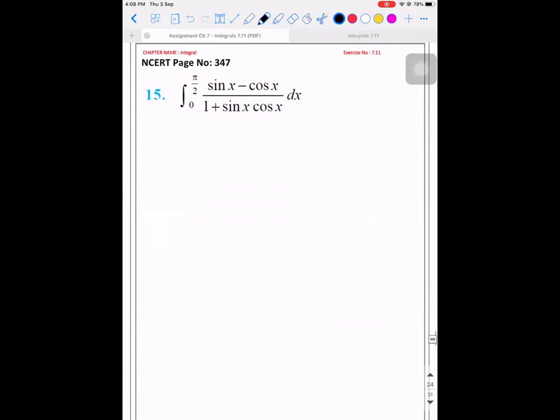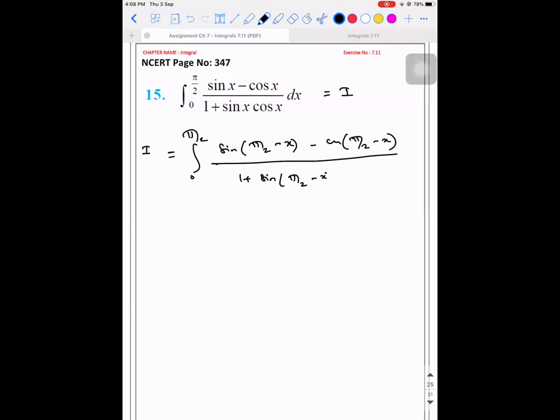So 15th, I hope you guys did it. So if I'm not wrong, answer for that is also 0. Did you guys get it as 0? So I will be equal to integral of 0 to pi by 2 sine of pi by 2 minus x minus cos of pi by 2 minus x divided by 1 plus sine of pi by 2 minus x into cos of pi by 2 minus x.